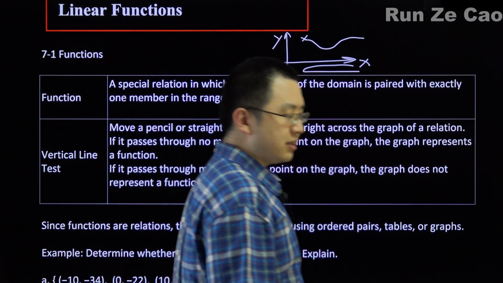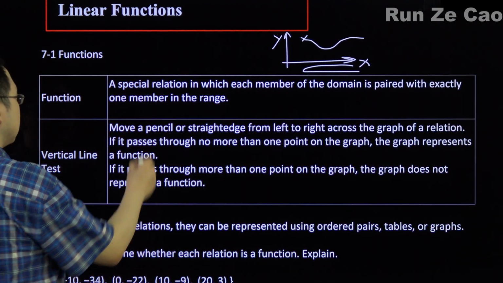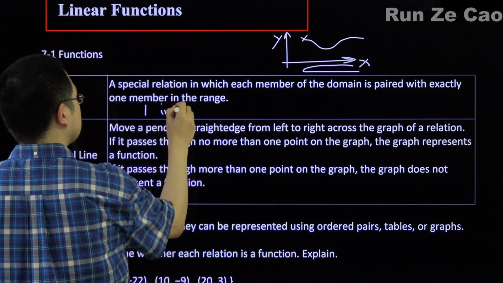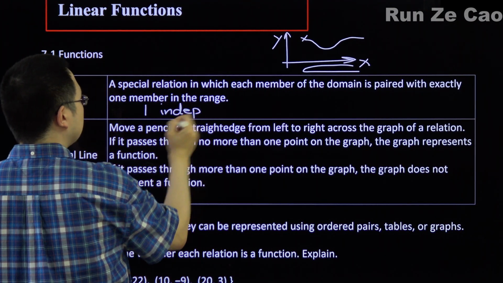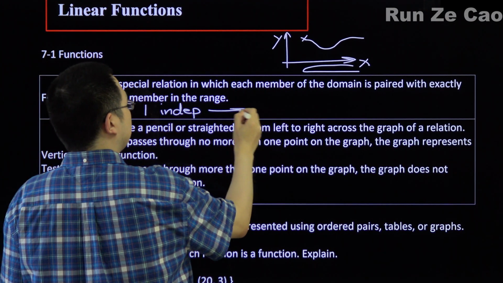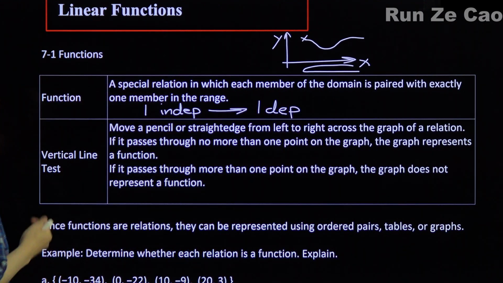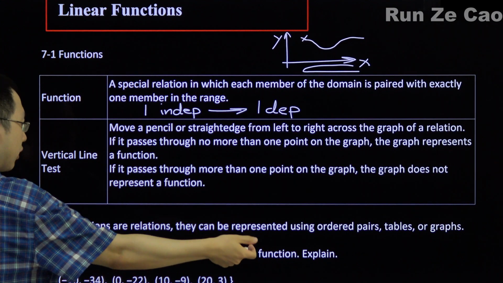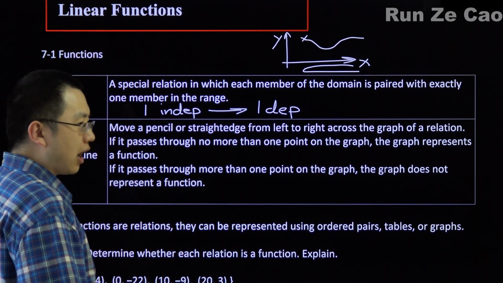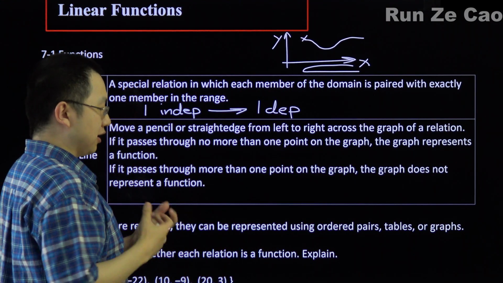So one independent variable value for one dependent variable value. So you put something in, you get a particular thing out. Not, oh, you could be here or here.